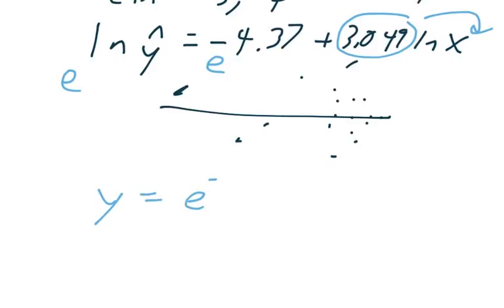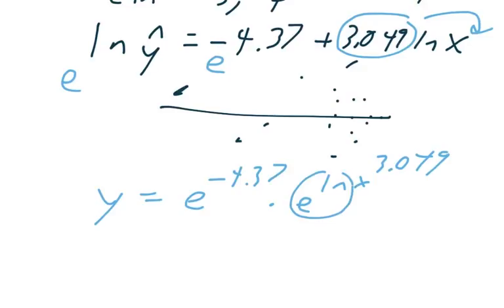So this equals E to negative 4.37 times E to the ln of x to the 3.049. Those cancel. E to the negative 4.37 turns out to be 0.013 x to the 3.049.